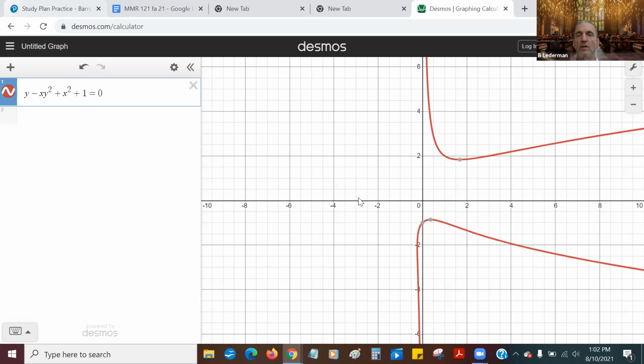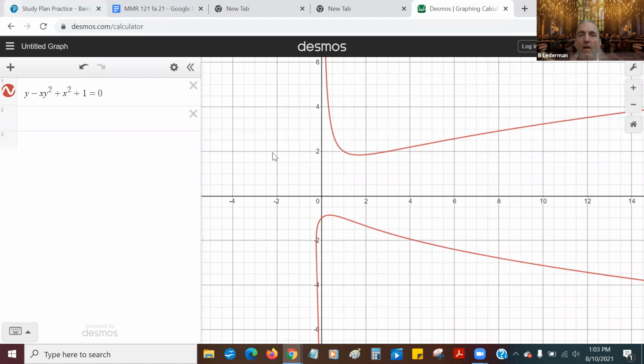And now we want the points. Let me get my face out of here. Let's move this over a little bit. There you go. Now we're looking at the points where x equals 1. So when x equals 1, that's going to be this point right there and that point right there. Notice that when x equals 1, y is going to equal 2.